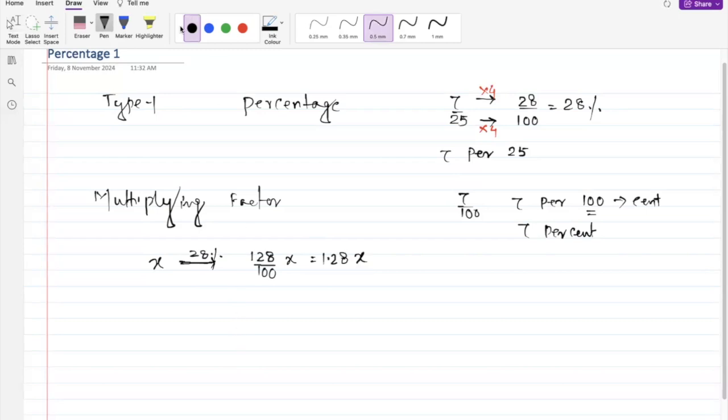So that is what I'm talking about. If you increase by 28%, it will be 1.28. The other way around, if you increase by 36%, it will be directly 1.36x.